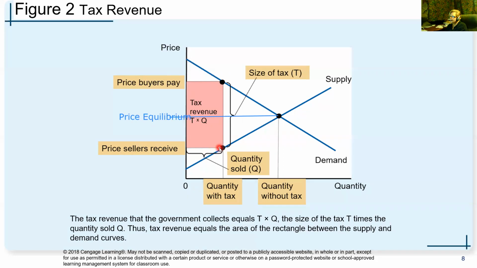Producer surplus is this smaller triangle down here. And the government is going to collect the tax revenue of this pink rectangle. Now we're going to see later on that this larger triangle right here represents what we like to call deadweight loss. And we're going to see that in some upcoming slides.